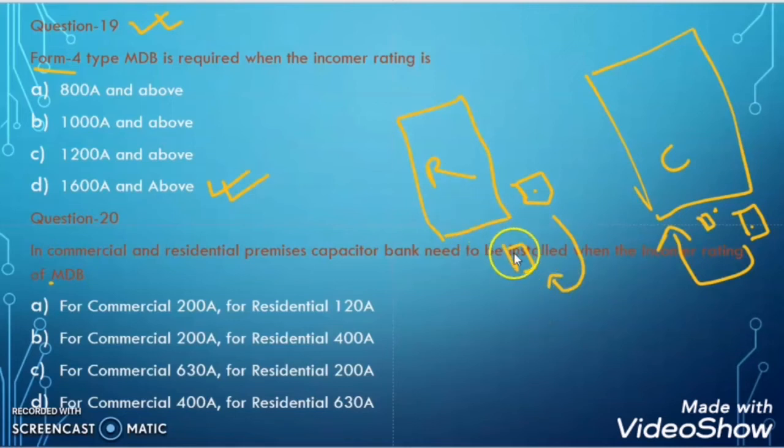So as per the DEWA regulation, when the residential building has a load of 400 ampere, a capacitor bank is required, and for the commercial building, if the MDB incomer rating is 200 ampere or above, then the capacitor bank is required. So the correct answer is 200 ampere for commercial building and 400 ampere for residential building. That is option B.